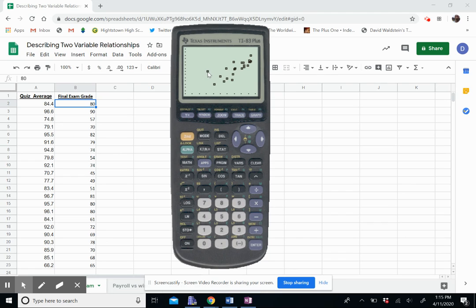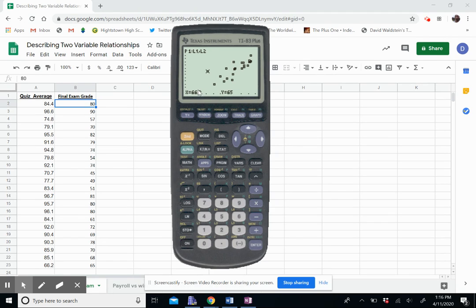I could go either way on this point, and we can check what that is by hitting the trace key and then just arrowing over, and it arrows between all the points. So we can see that that point, once I get to it, is 66.2, 65. All right, so I could go either way. You could say that's an outlier, you could say it's not, I'd be fine with either.